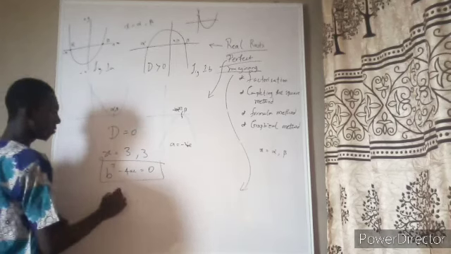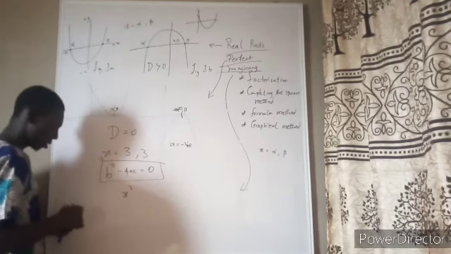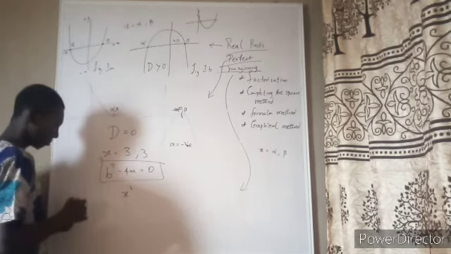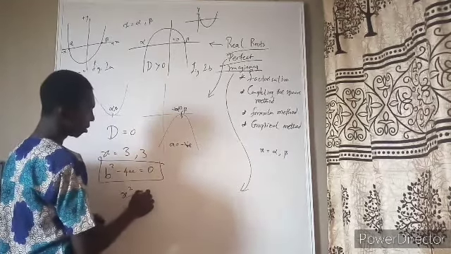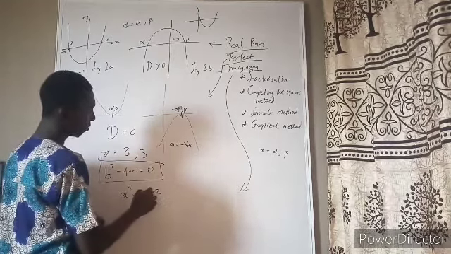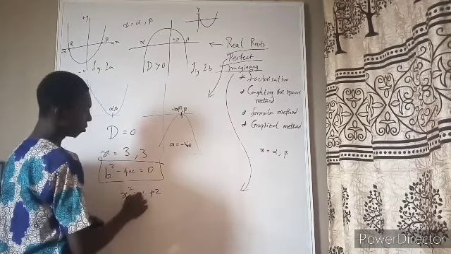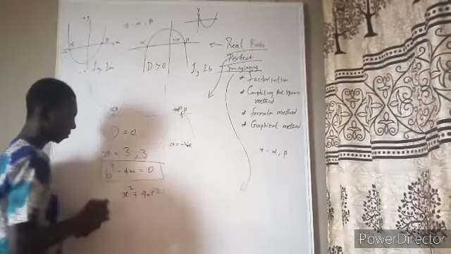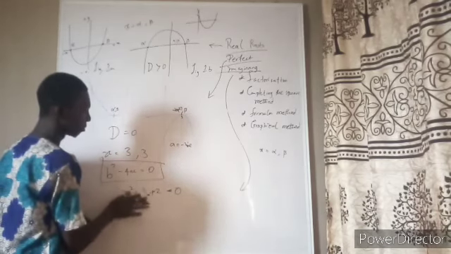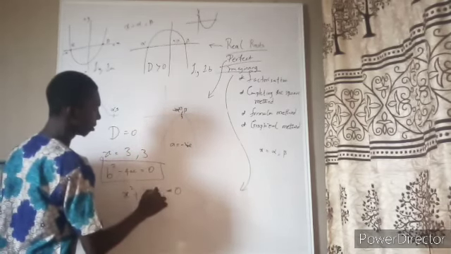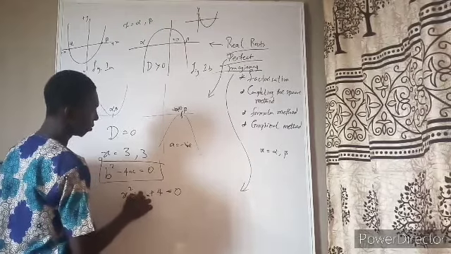So if you are given, let me think, x squared plus 4x plus 4 equals 0.